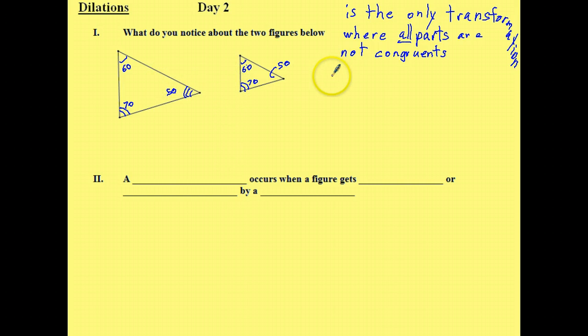So really the only thing that gets preserved or stays the same, like grandmother's jelly, is angles. So the only thing that stays the same in a dilation are angles. Okay, a dilation occurs when a figure gets bigger or smaller by a constant.